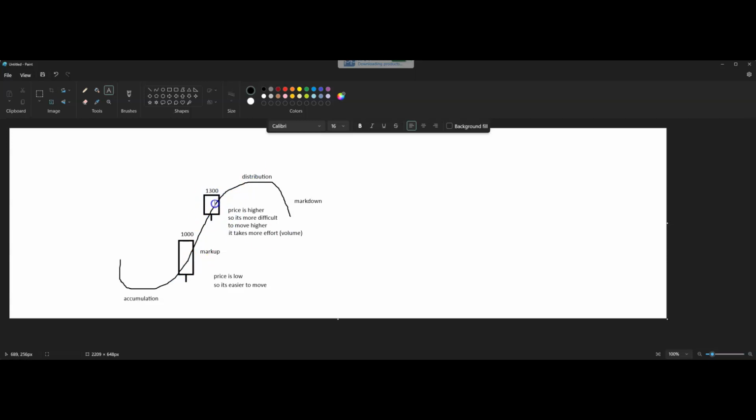And that is when, over here on the left hand side, and usually in the base, there's going to be effort.